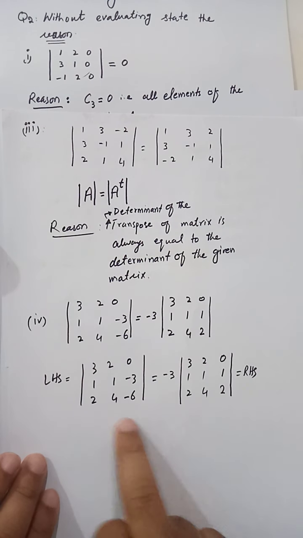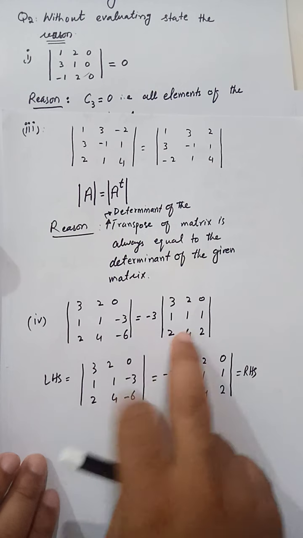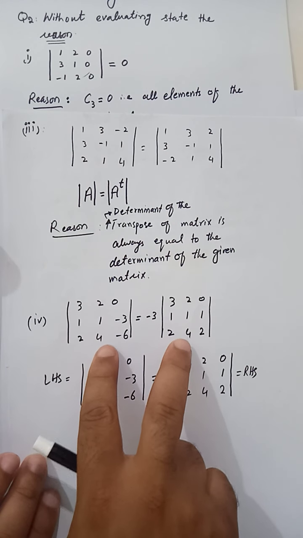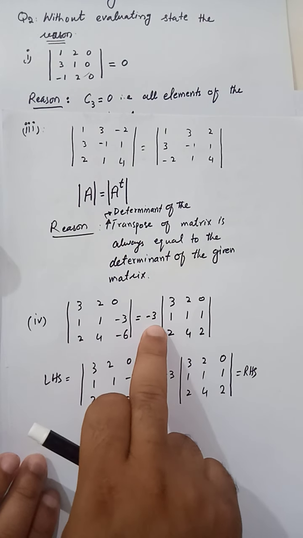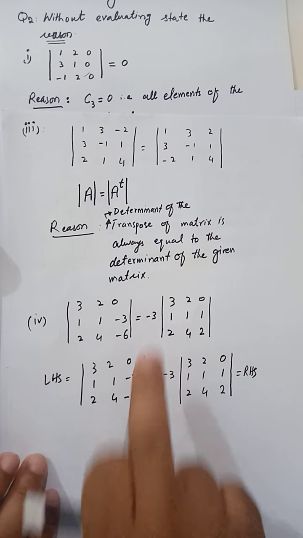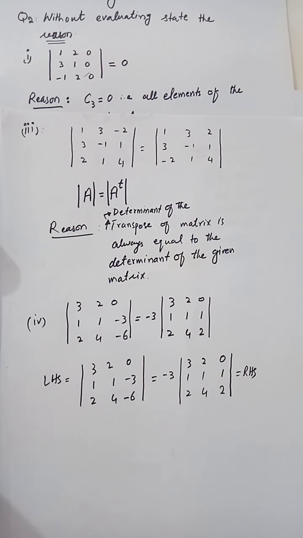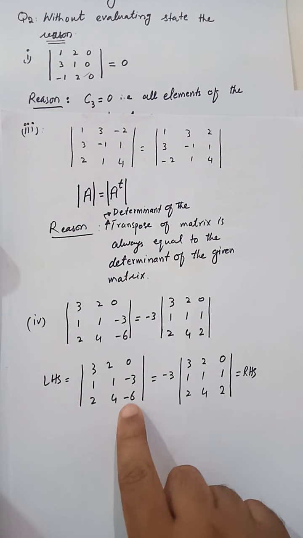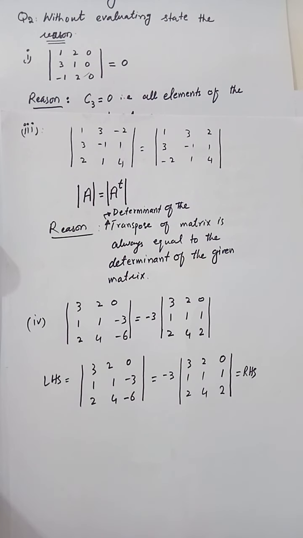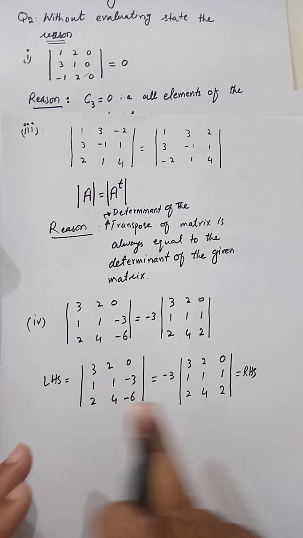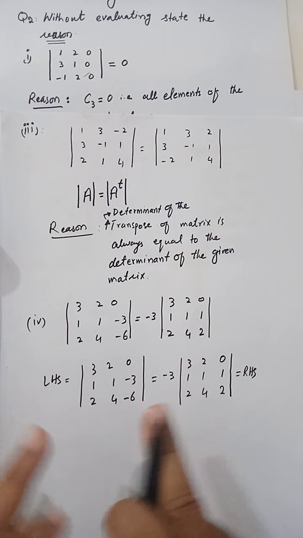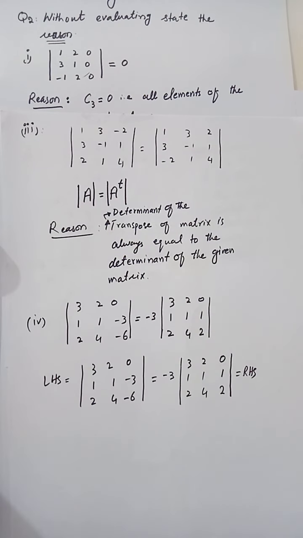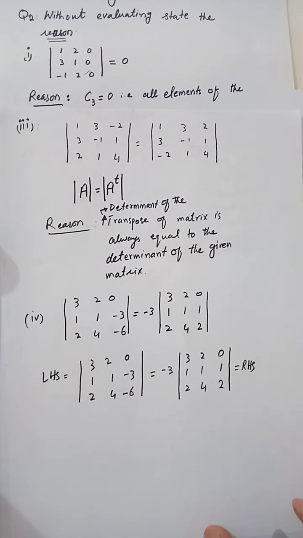That's why there is equality between these two determinants, and minus 3 is also in multiplication, because minus 3 is taken common from the third column. So the reason is taking minus 3 common from the third column.